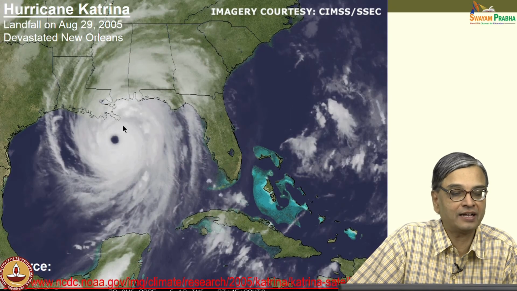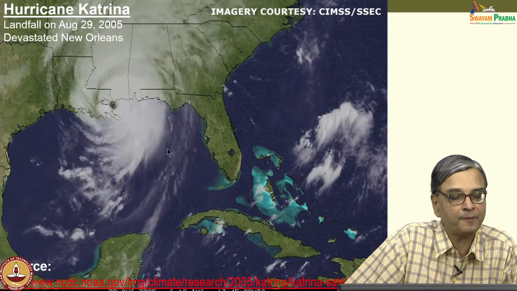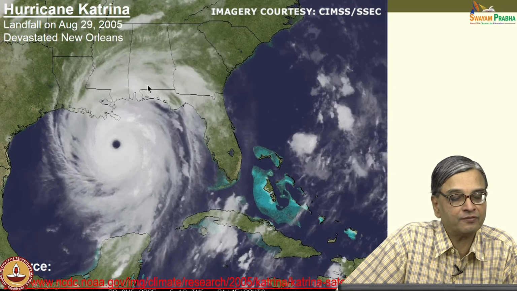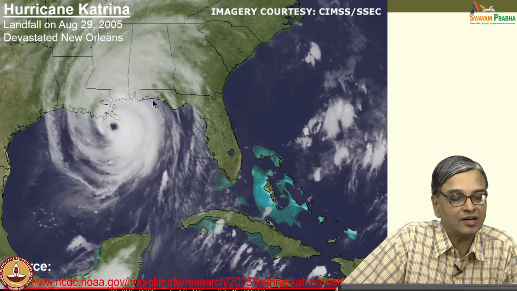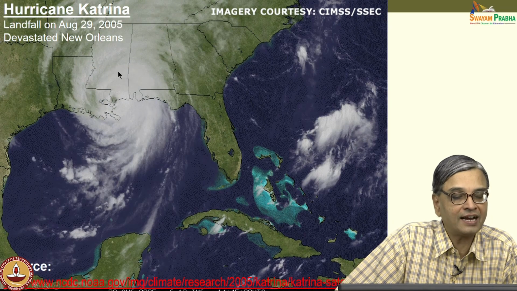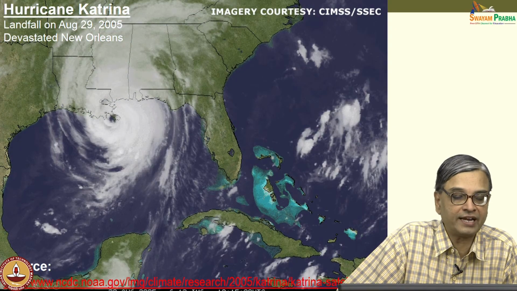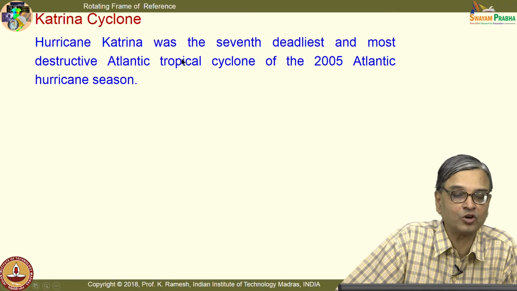So, you have Hurricane Katrina, in the northern hemisphere, and you could observe the rotation of this cyclone. It is an anti-clockwise rotation, and there is also data on how severe the cyclone Katrina was. This was the 7th deadliest tropical cyclone of the year 2005.